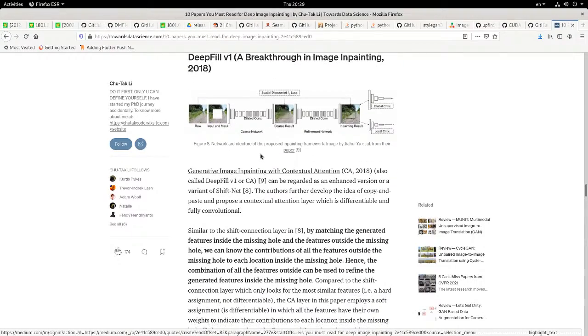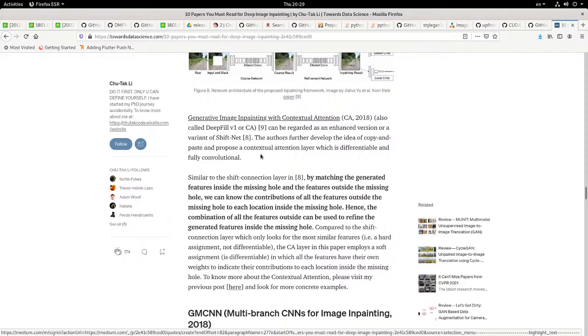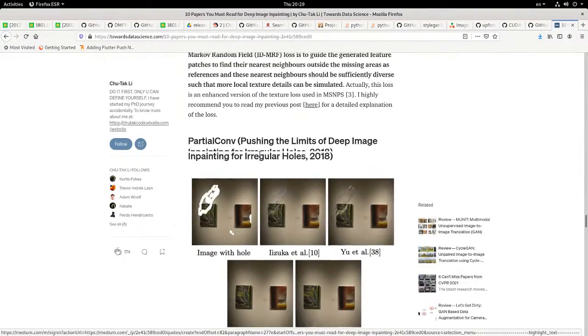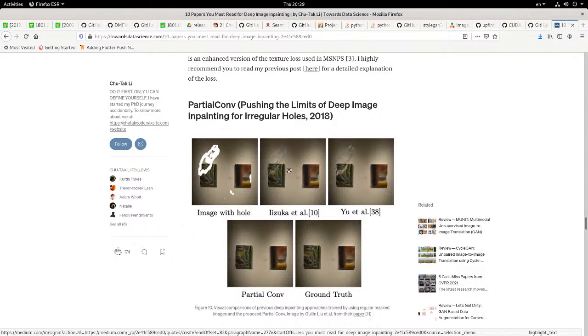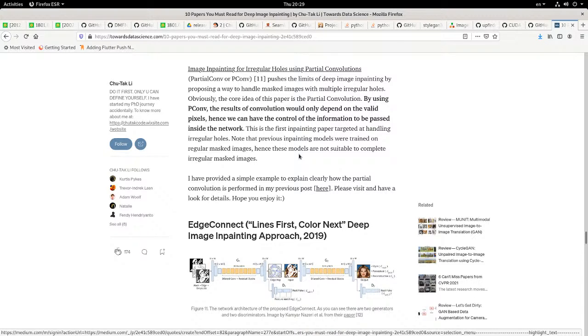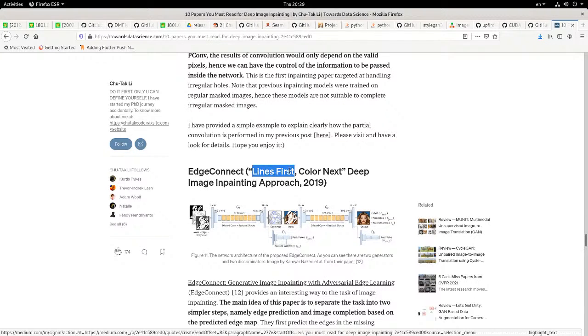DeepFill was Yu? Yeah, Iizuka. EdgeConnect: lines first, color next.